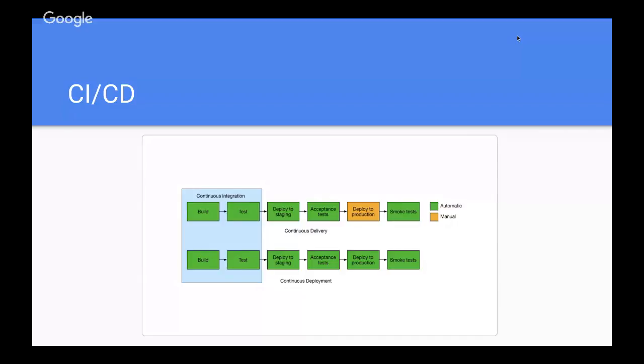So in the CI/CD world, we have three different categories. The first one and the simplest one is continuous integration, and the idea behind that methodology is just to automate building and testing.